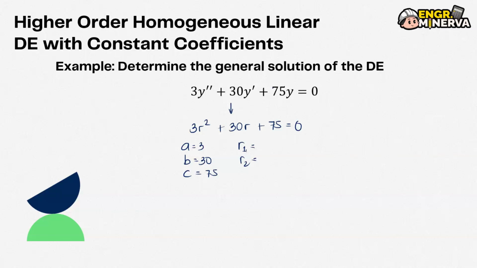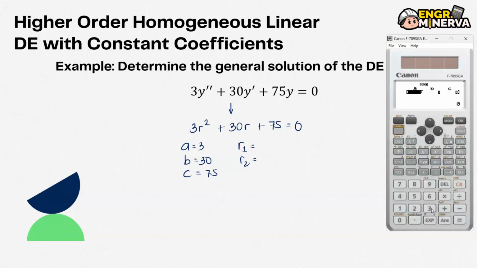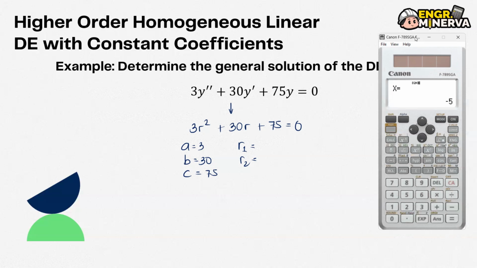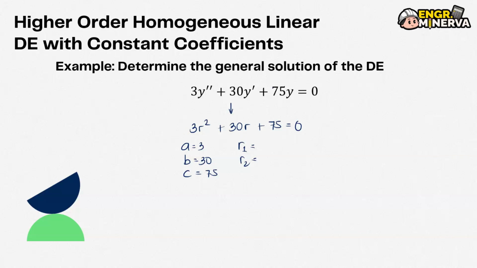Once we input 3, 30, and 75 on our calculator, our root is -5. It only shows one root. When the calculator only shows one root, but we need two roots, it means the roots are the same. So don't be confused.